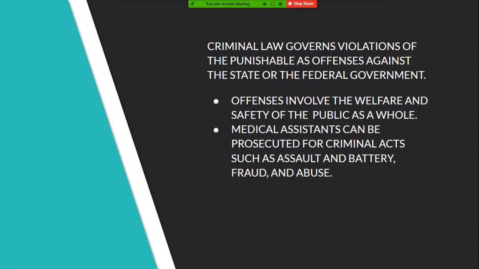Criminal law governs violations punishable as offenses against the state or the federal government. Offenses involve the welfare and safety of the public as a whole.